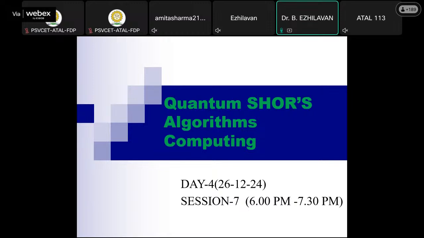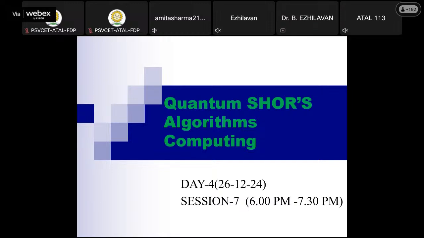While we are going to quantum computing, we should know three things: superposition, entanglement, and interference. These are the three things we want to know.